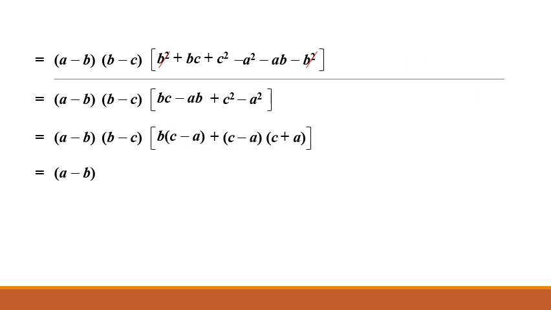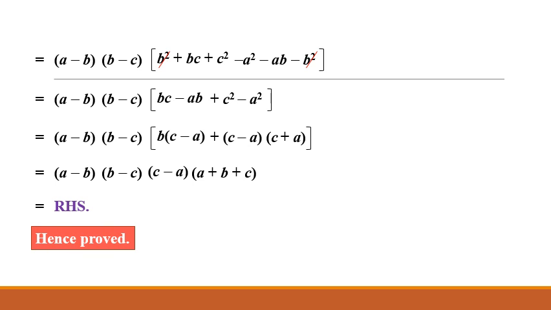When we take out c minus a common, we get (a minus b)(b minus c)(c minus a). In the first term, b will remain, and in the second term, c plus a will remain, which can be rearranged and written as a plus b plus c. So this is the required RHS.